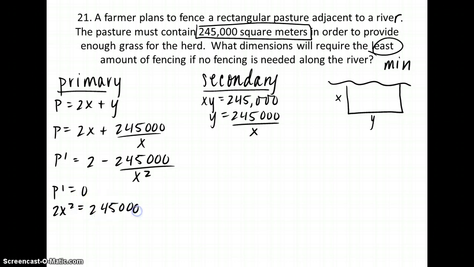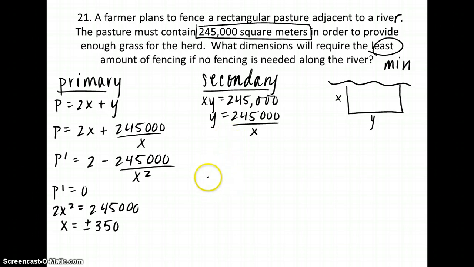So I'm setting the derivative equal to 0, adding the term and multiplying by x squared on both sides. And then for this one, I encouraged you to use a calculator. You got plus or minus 350. Again, the negative answer doesn't make sense for the problem because we're talking dimensions.